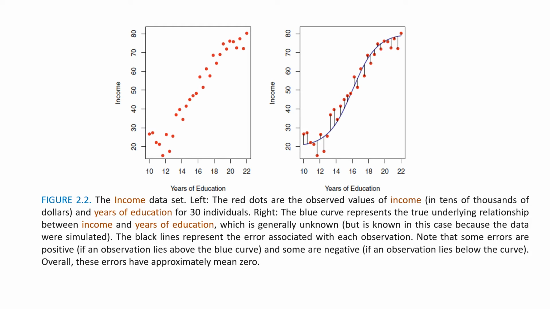The black lines represent the errors associated with each observation. Note that some errors are positive, if an observation lies above the blue curve, and some are negative, if an observation lies below the curve. Overall, the errors have approximately mean zero.